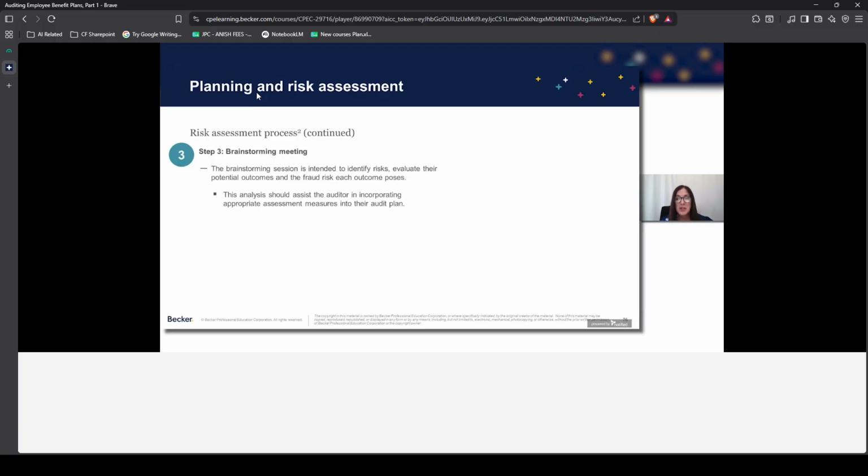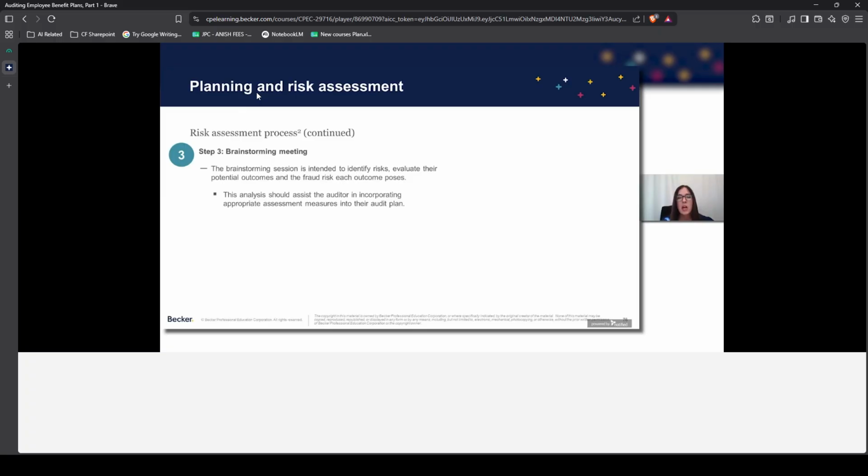In addition to understanding the plan and its environment and internal controls, you're going to be performing brainstorming sessions. The purpose of this brainstorming session is, again, to help you identify risk. Now, you have to document when the brainstorming session took place and who attended, but be sure you document the actual risk that you identified as a result of this brainstorming session.